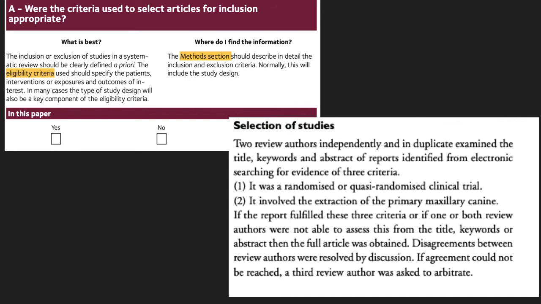The criteria for the included studies: they have clear criteria to select studies, randomized clinical trials, extraction of the primary canine, the primary maxillary canine.